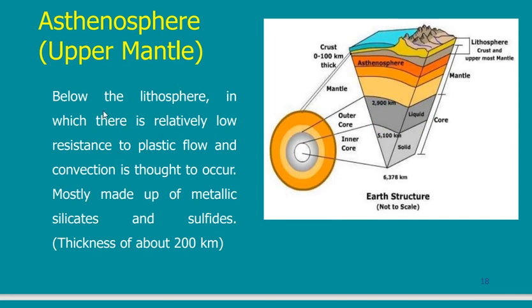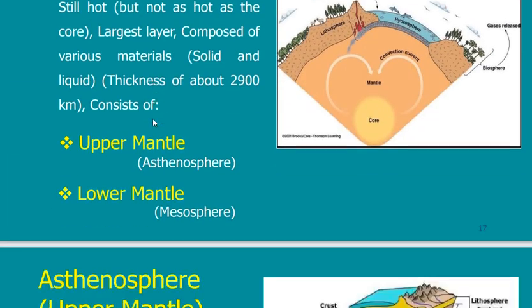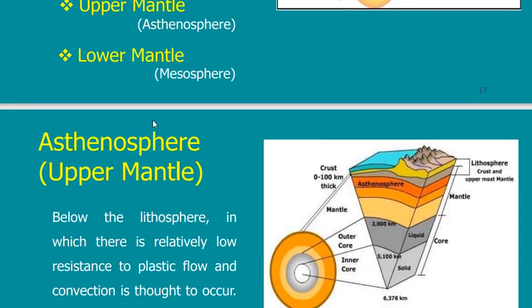So the upper mantle is below the lithosphere, or we can say better that it is below the crust. The upper mantle is just below the crust. Why? Because the lithosphere, as we said, may take part of the upper mantle.